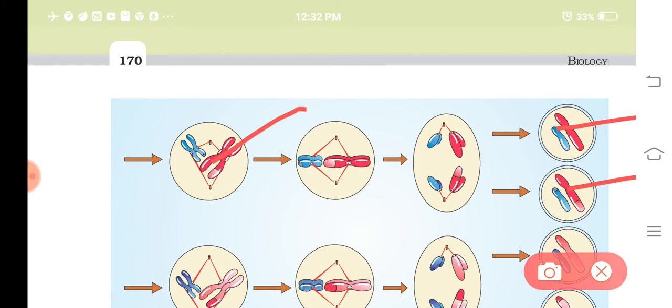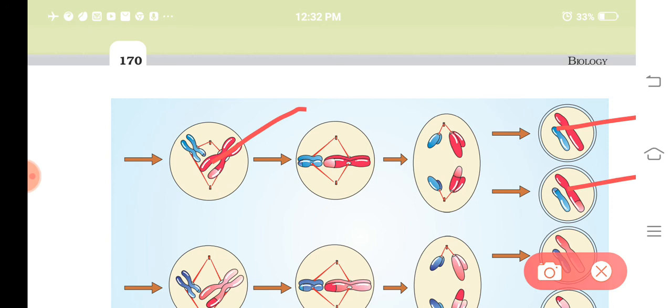The chromosome number was reduced to half only in meiosis 1, due to the pairing of homologous chromosomes and their movement. One chromosome from each pair only will move to the poles, understood. So in that way the chromosome number was reduced to half.